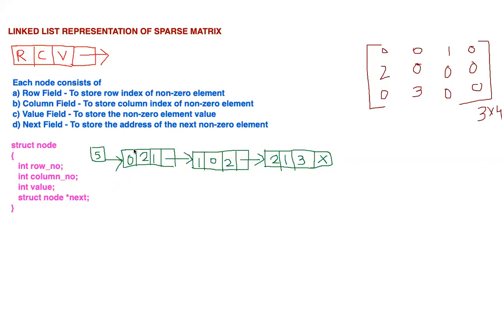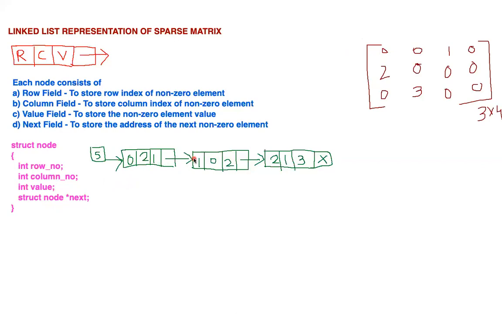Now, how will we be representing it? So the representation is very simple. First is the start node, which contains the address of the first non-zero element. In the first node, we are storing, so we can see in the sparse matrix, the first non-zero element is in the first row, second column, and the value is 1. So that is what has been noted here. So 0 for the row number, 2 for the column number, and 1 for the value.